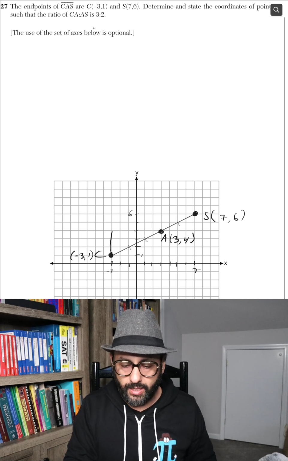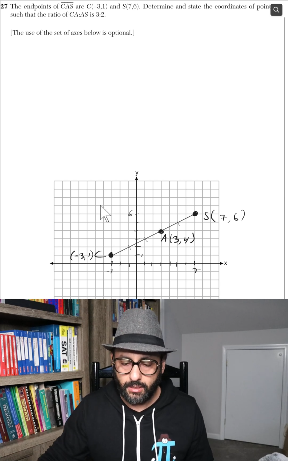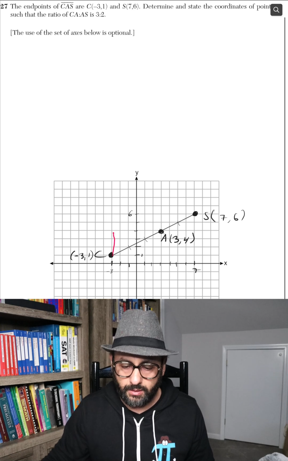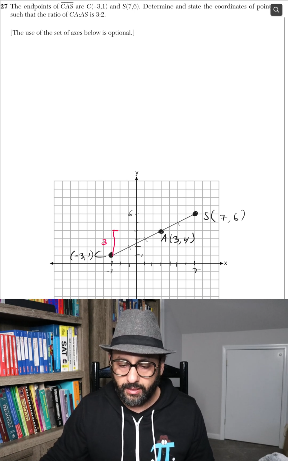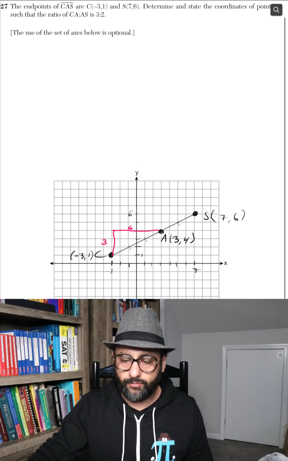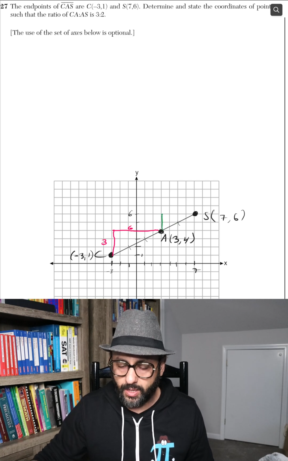So that second way is pretty nice. So I'm gonna show that the second way. If I go this way, I go 3, and if I go this way, I go 6, and if I go from A to S, I go this way, I go 2, and I go this way, I go 4.